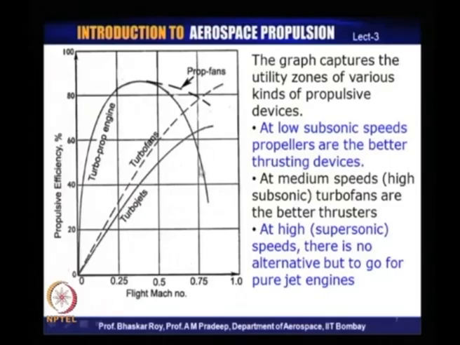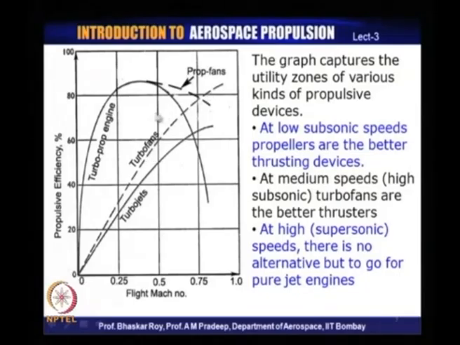And the reason we had mentioned was that the propellers tend to go supersonic, which produces a low propeller efficiency. The turbofans, on the other hand, has a good propulsive efficiency only at high values.